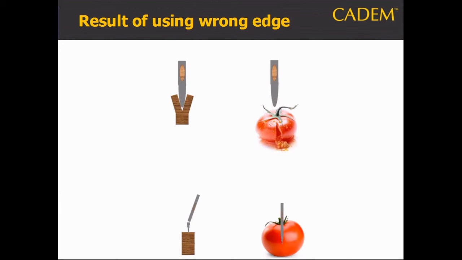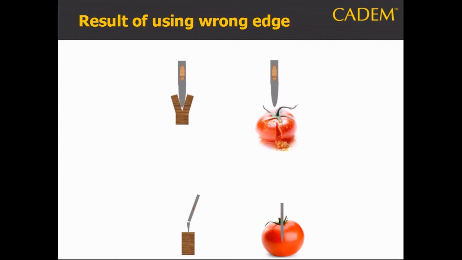Neither cutting edge is better. Each has a different use, and if you select the wrong cutting edge for an application, this is what happens. The knife breaks if you try to cut wood with it, because it cannot withstand the cutting force. If you try to cut a tomato with an axe, the tomato gets squashed instead of being cut.